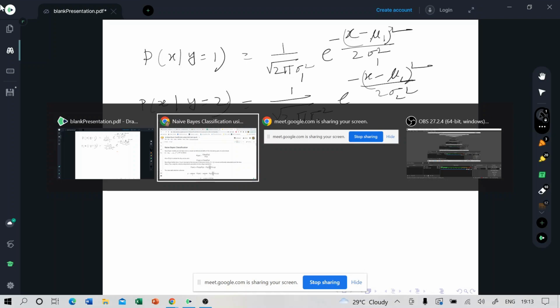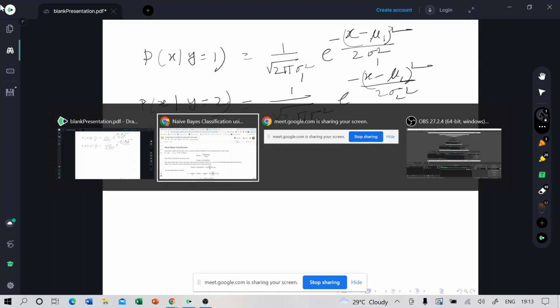So suppose x is a d-dimensional vector, x0 to x d minus 1.